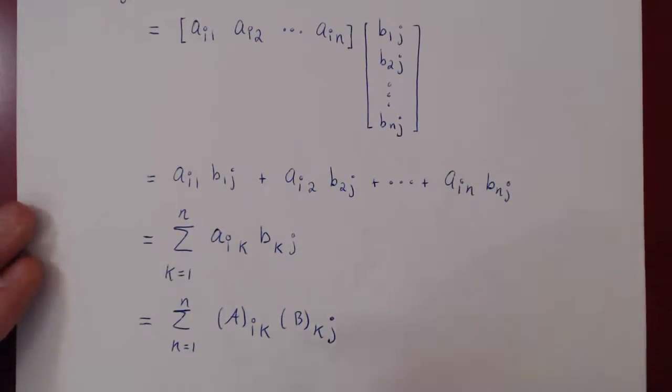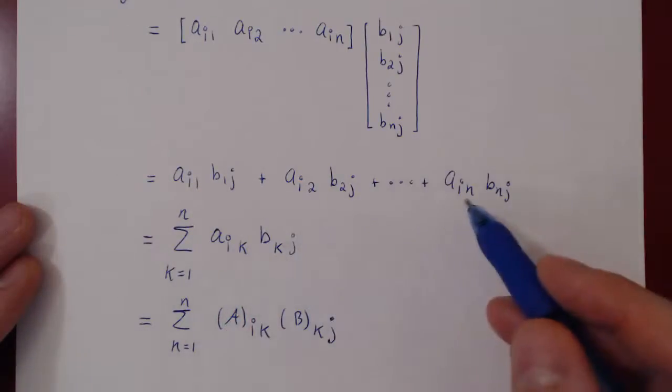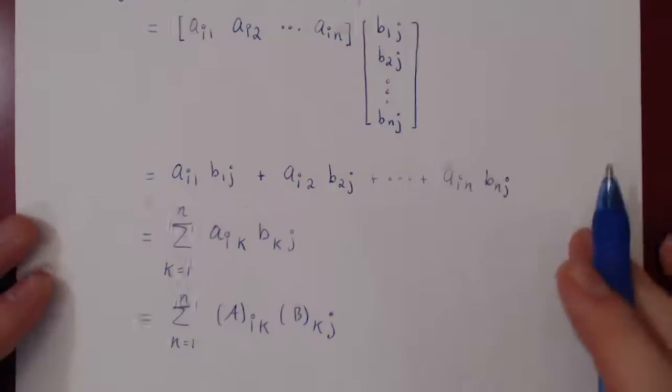And one thing I'll do is I'll actually drop the beginning and the end of our summation. I'll simply write the sum over K, meaning we sum over all possible values of K. K obviously beginning with the first entry, and it ends with the last entry.